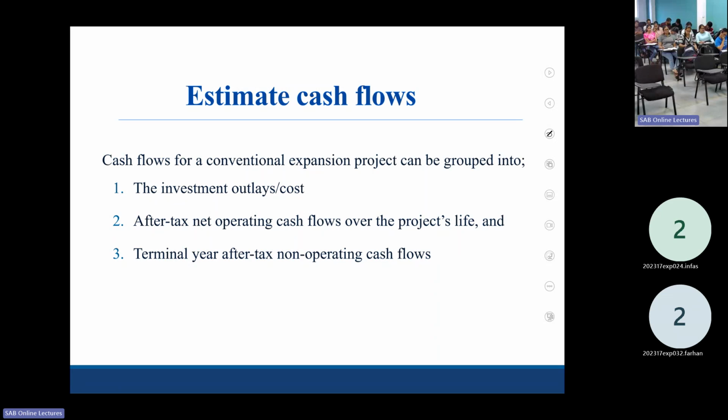Throughout the life of the project, you have to identify net cash flow after adjusting the tax. Then in the terminal year, separately you have to identify the terminal year cash flow. So basically, these three cash flows you have to identify related to a project: initial cash flow, annual net operating cash flows throughout the project, and terminal year cash flow.